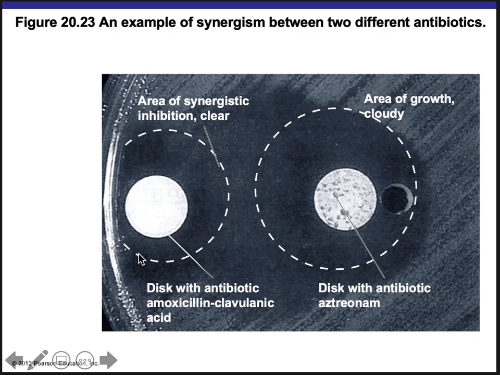It's not really the best image, but you can see that they kind of have this zone of inhibition, each of them individually, but where the diffusion of the drugs combines, you get an even bigger inhibition. And so I'm sure you could probably find better examples of synergism on a plate than what's being shown here, but that's what I had to work with for this time. Okay, so 2 drugs work better together than either one does by itself.